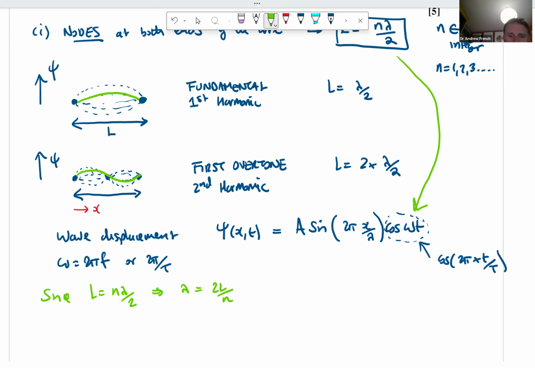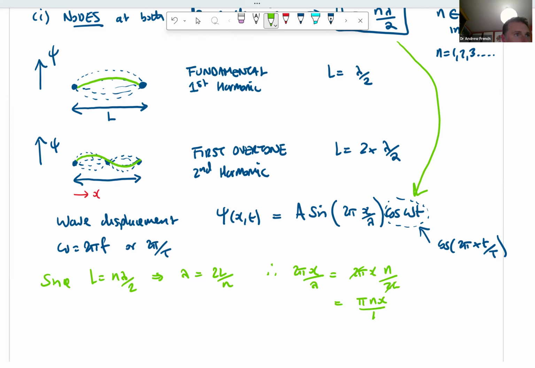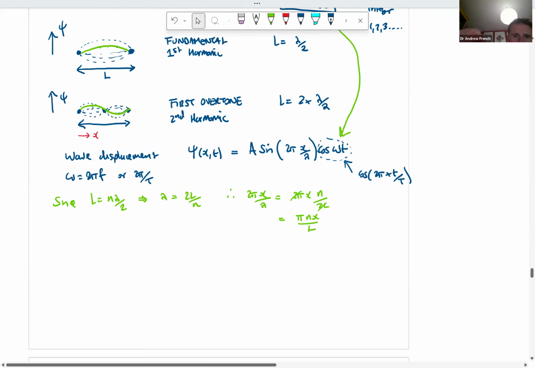So let's put that together. 2 pi x over lambda is going to be 2 pi x times the reciprocal of that, which is n over 2L. So the 2's cancel, and we have pi n x over L. I'll zoom out a little bit so you can see those.